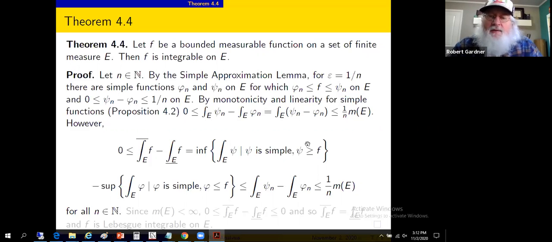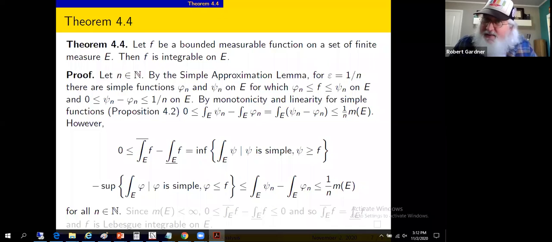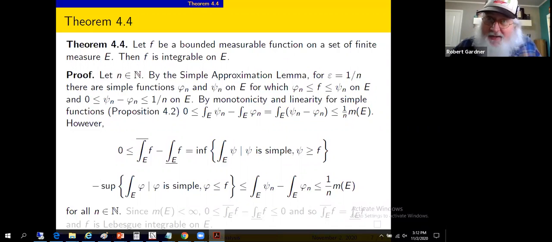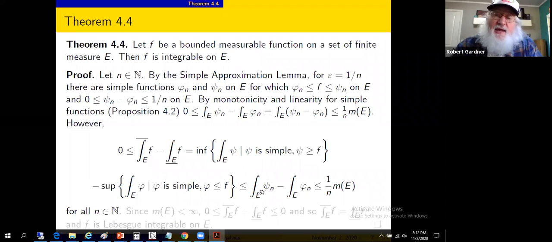In this set bracket, there's a bunch of numbers, generated by integrating particular kinds of simple functions. When I say pick psi sub n and the integral over E of psi sub n, that's one of the numbers in this set. Well, you've taken an inf over this set of numbers. The inf is less than or equal to one of the numbers in that set. Inf behaves in that sense like a min. There may not be a min because it could be an infinite set, but we get to choose a particular element of this set, in particular one based on simple function psi sub n.